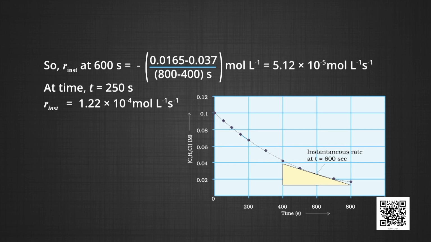At time t equals 250 seconds, the R instantaneous equals 1.22 into 10 raised to power minus 4 moles per liter per second. And at time t equals 350 seconds, R instantaneous equals 1.0 into 10 raised to power minus 4 moles per liter per second.